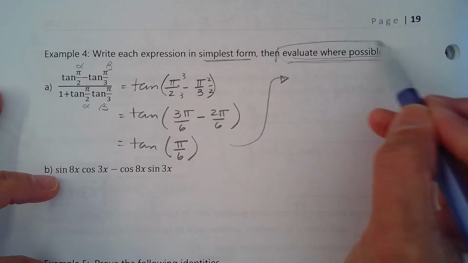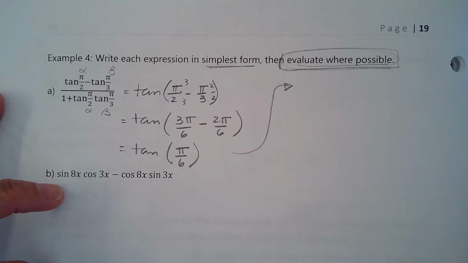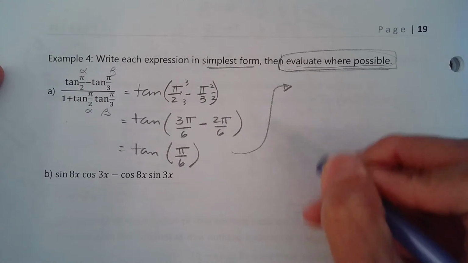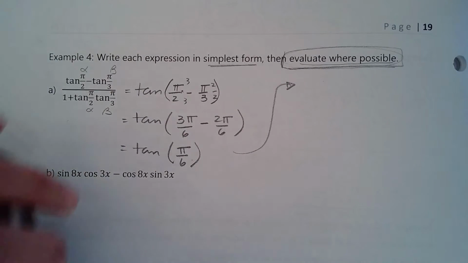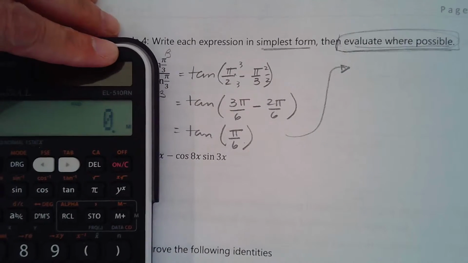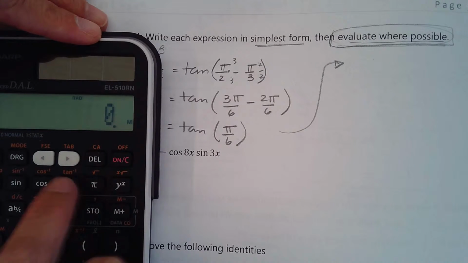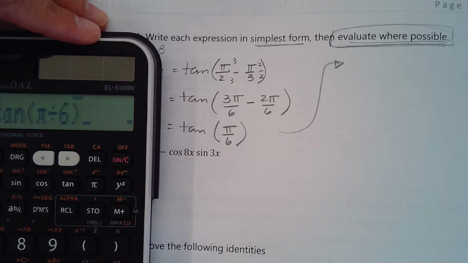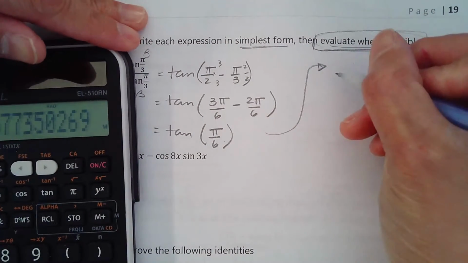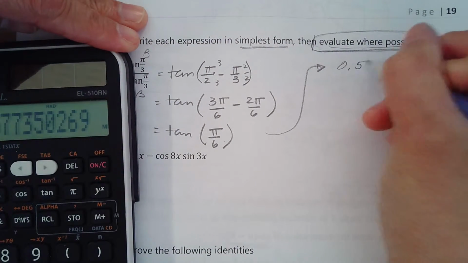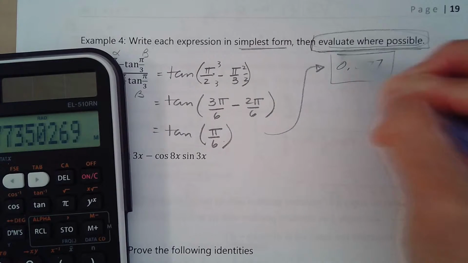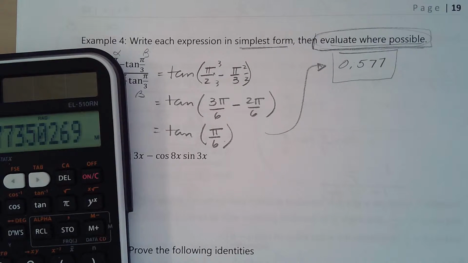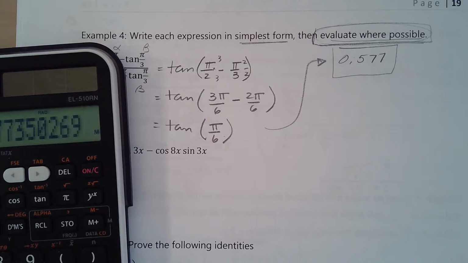It didn't ask us for an exact value, so what we can do is just figure out the value of this particular trig expression. So tan of pi by 6 would be 0.577.